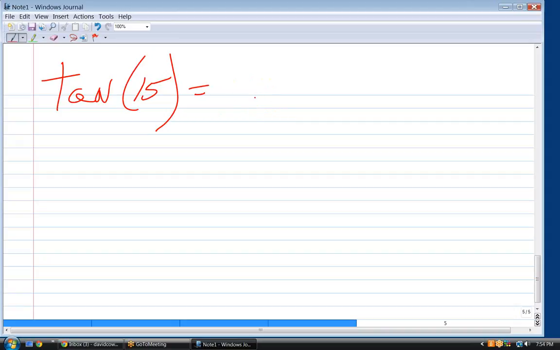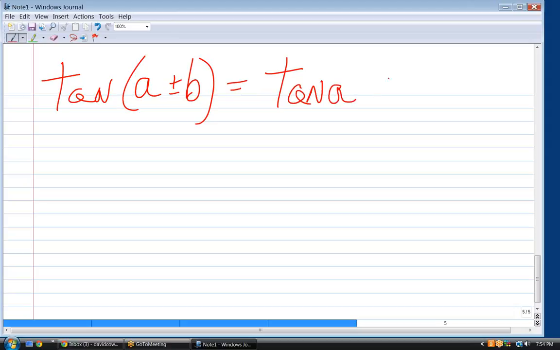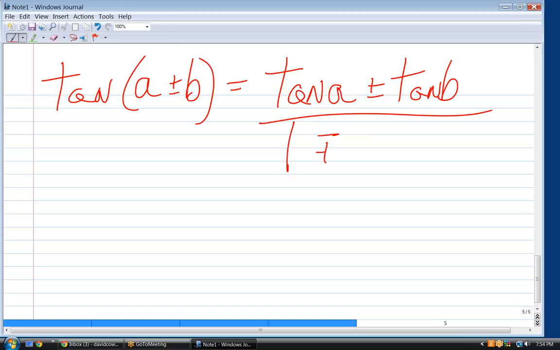But that also reduces to, here, let me write it properly. The tangent of A plus or minus b equals, well, it's actually easy to remember. It's the tangent of A plus or minus the tangent of B all over 1 minus or plus the product of the two.